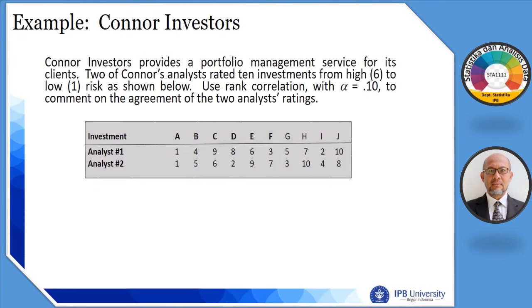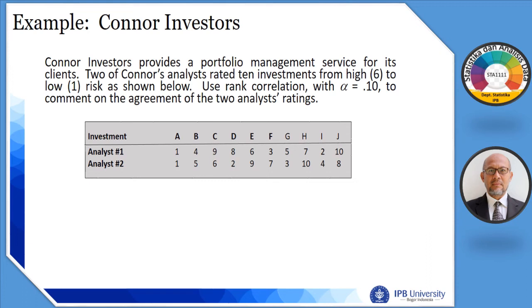So, for example, we have data like this. Honor Investor provides a portfolio management service for its clients. Two analysts rated 10 investments from the high, 6, to low, 1. Use rank correlation with alpha equal to 0.10 to comment on the agreement of the two analysts' ratings.